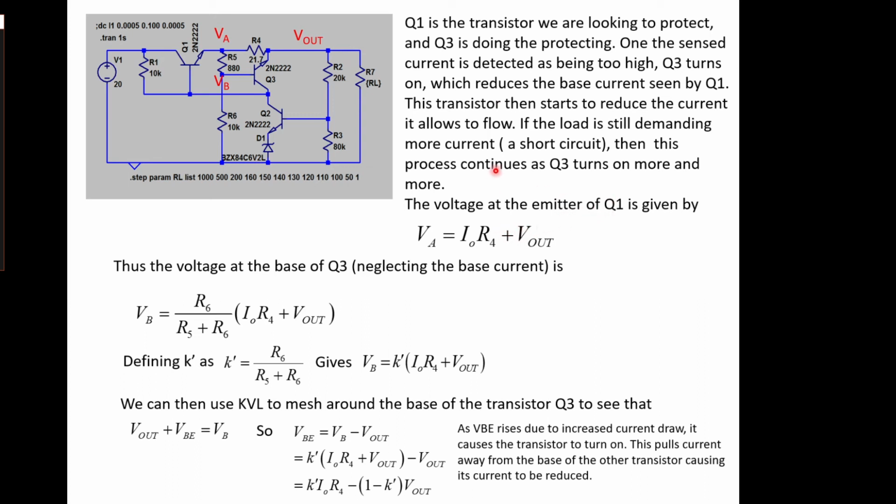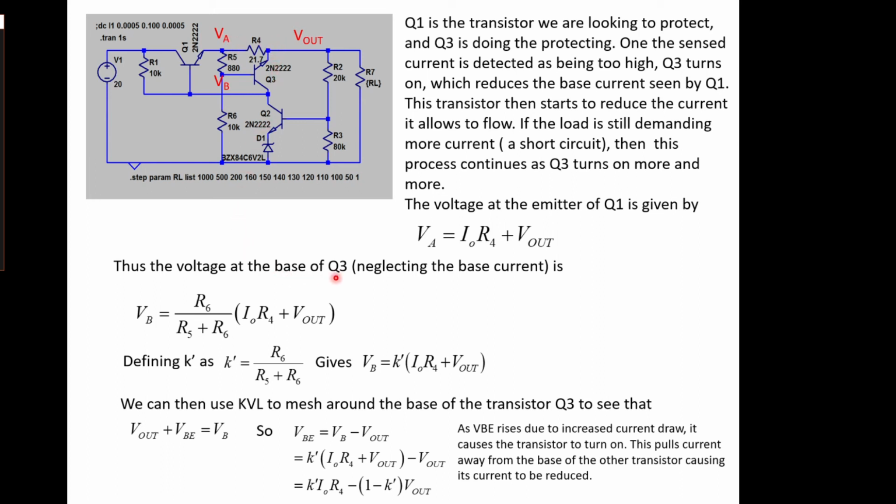To see how this happens, we can look at the voltage at the emitter of Q1, which is VA, and that's given by I0 R4, the output current multiplied by the value of that resistance there, plus whatever Vout actually is. So it's just the voltage drop across that resistor.